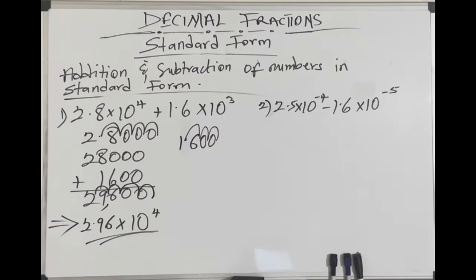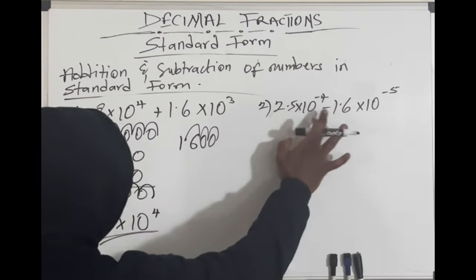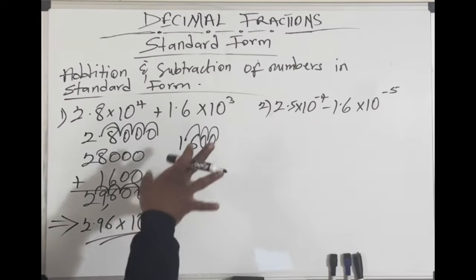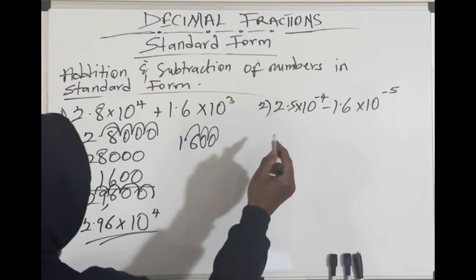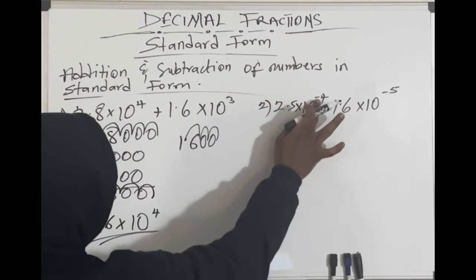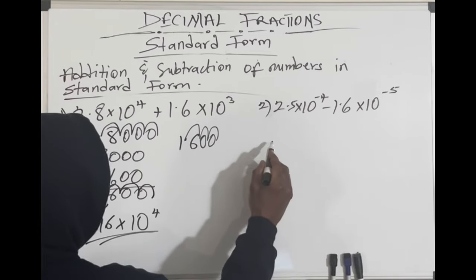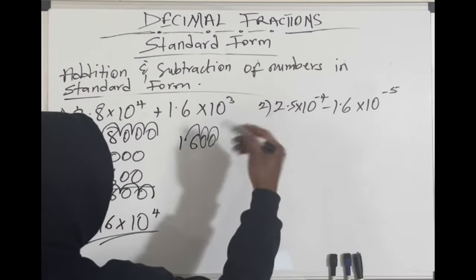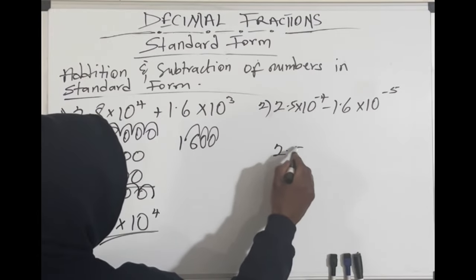Okay. All right. And then we move to the second question. We are told to subtract different powers. So we can't just go ahead like we did in the first. So the same way as this time around it's a negative. So we will move the zeros towards the left. 2.5.